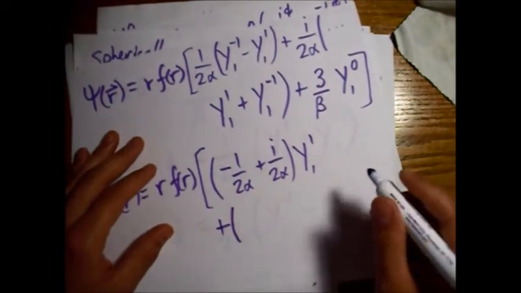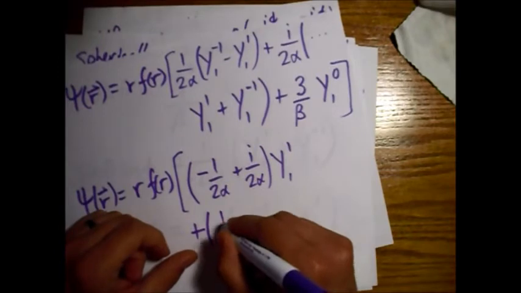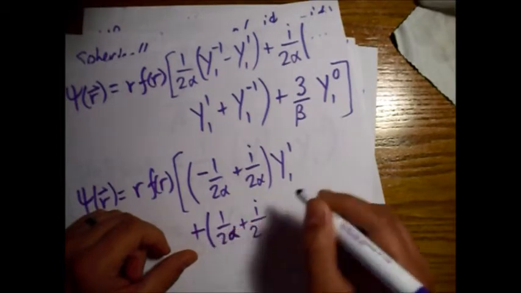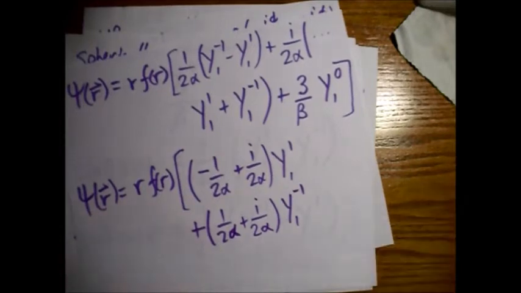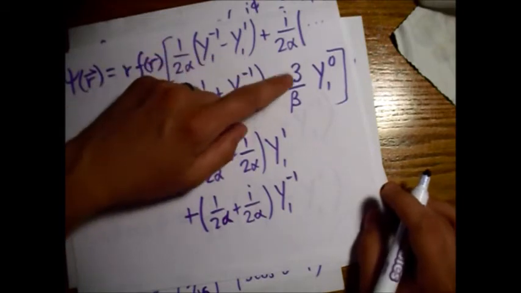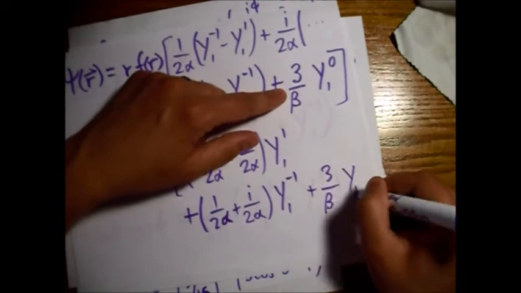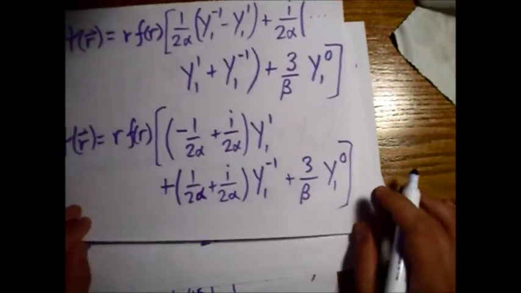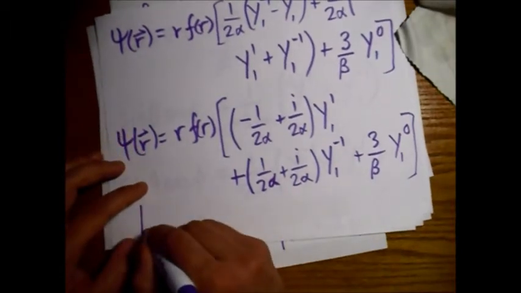Plus, similarly, we get the same thing except without this minus sign. 1 over 2 alpha plus i over 2 alpha, Y1 minus 1. And our last one, still just a 3 over beta, Y1 0.